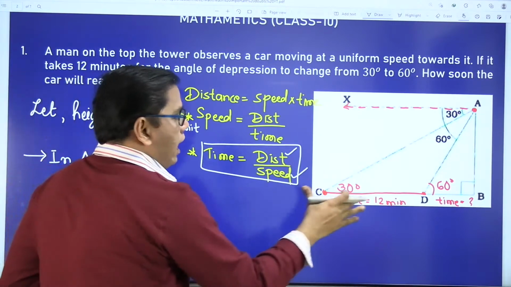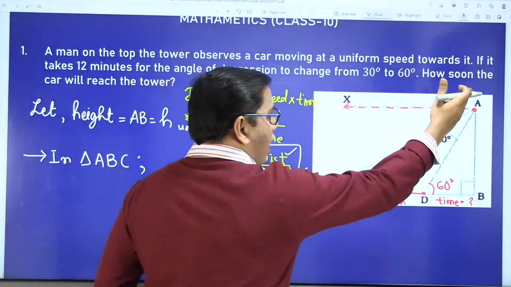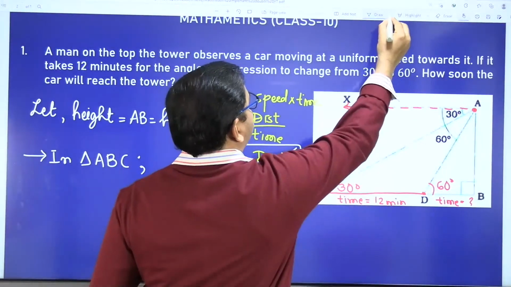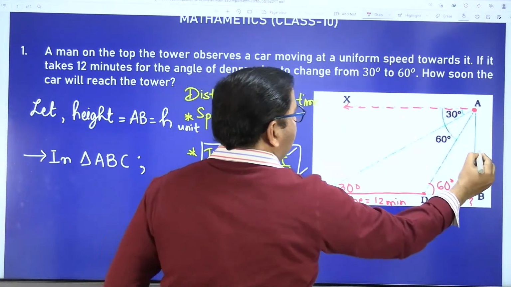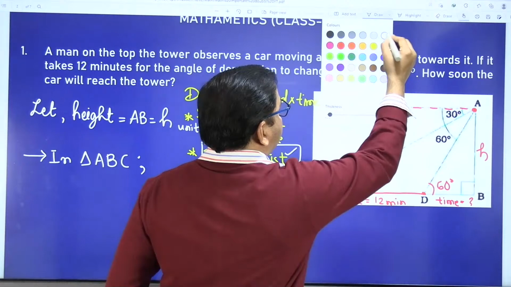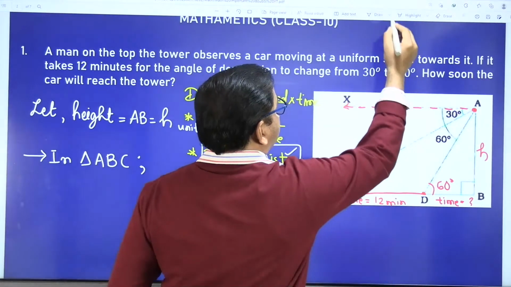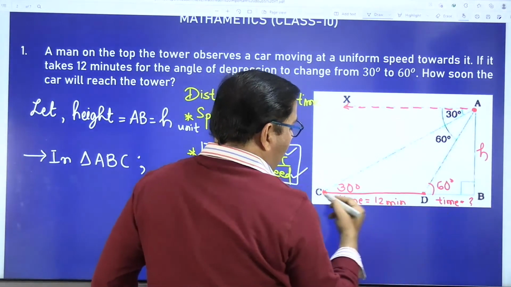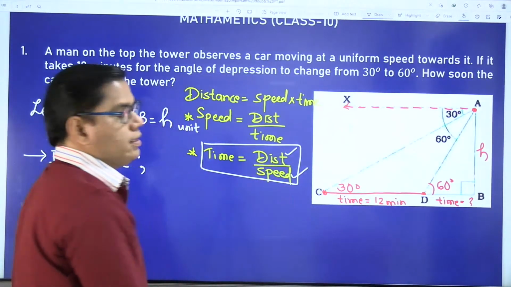And if we see, we are interested in distance, and we are going to involve height and distance, because height we already have assumed as h. So this height is the opposite side of the 30 degree, and this distance is the adjacent side.